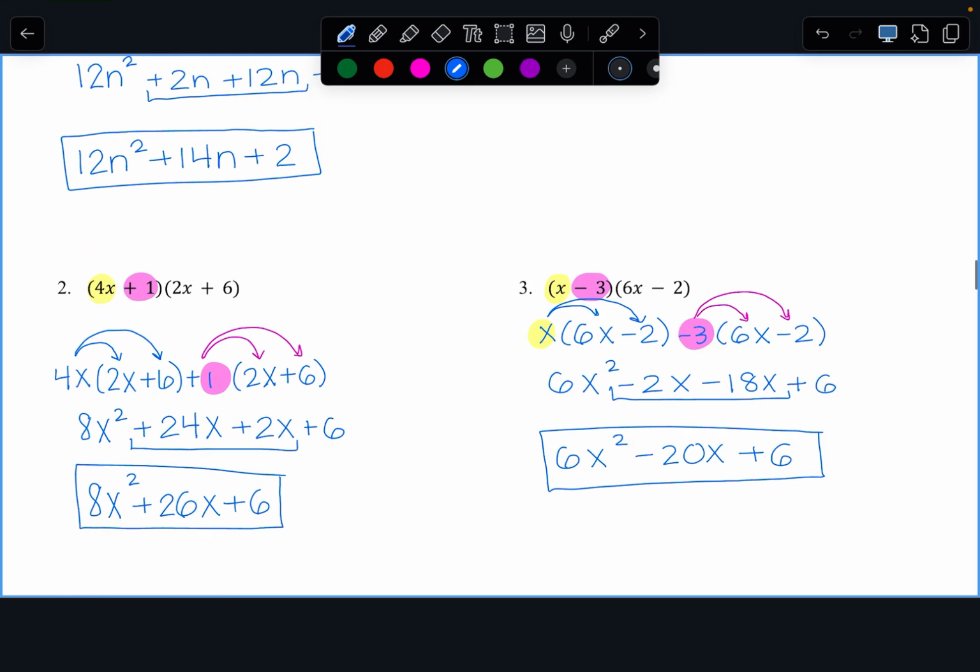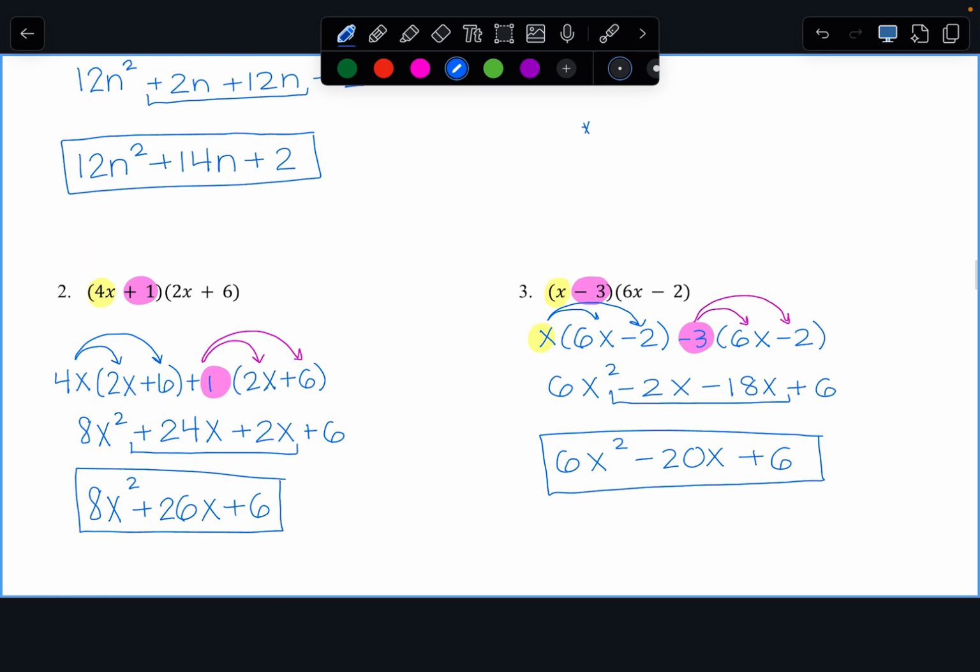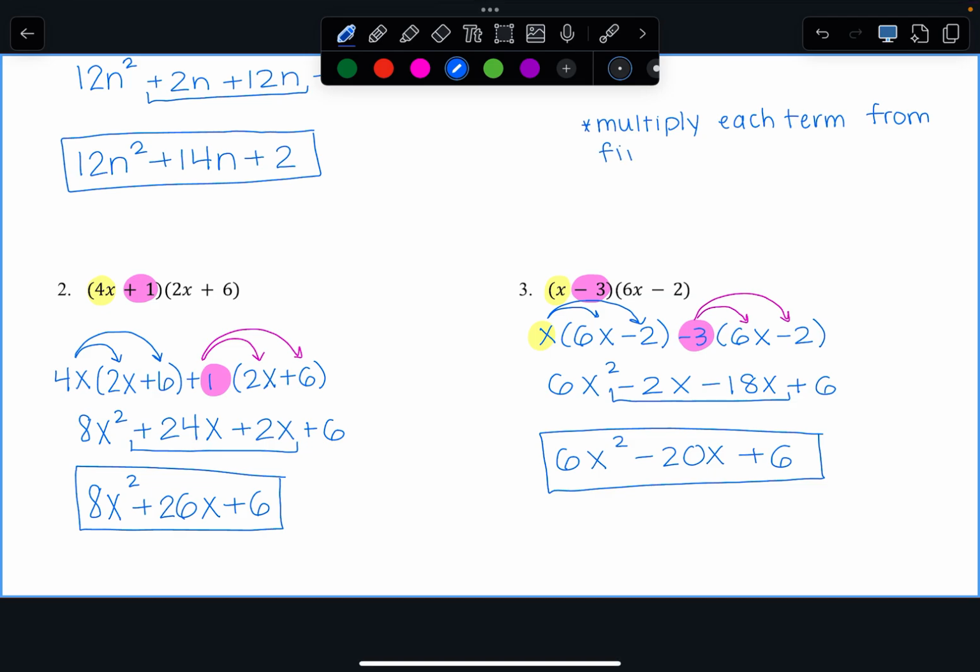So essentially what we're doing, we're multiplying each term from your first set of parentheses by each term in the second set of parentheses.